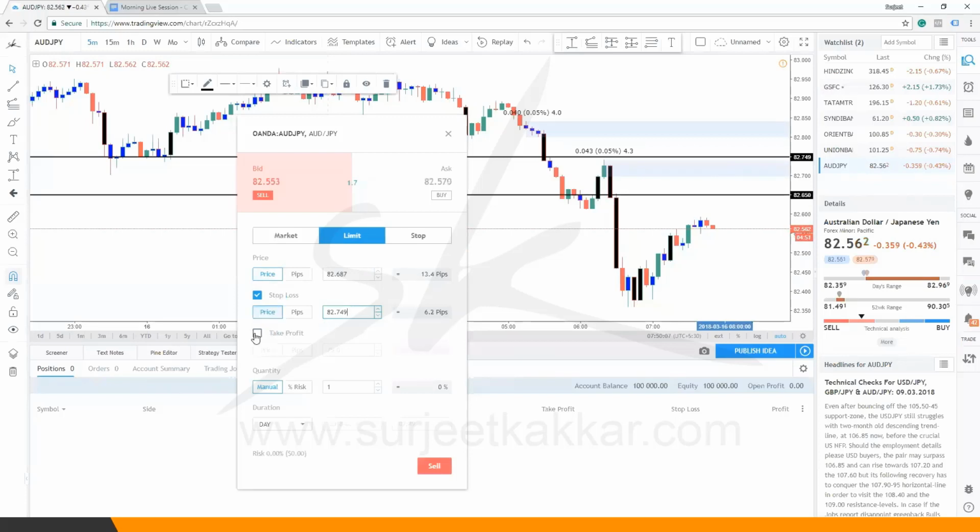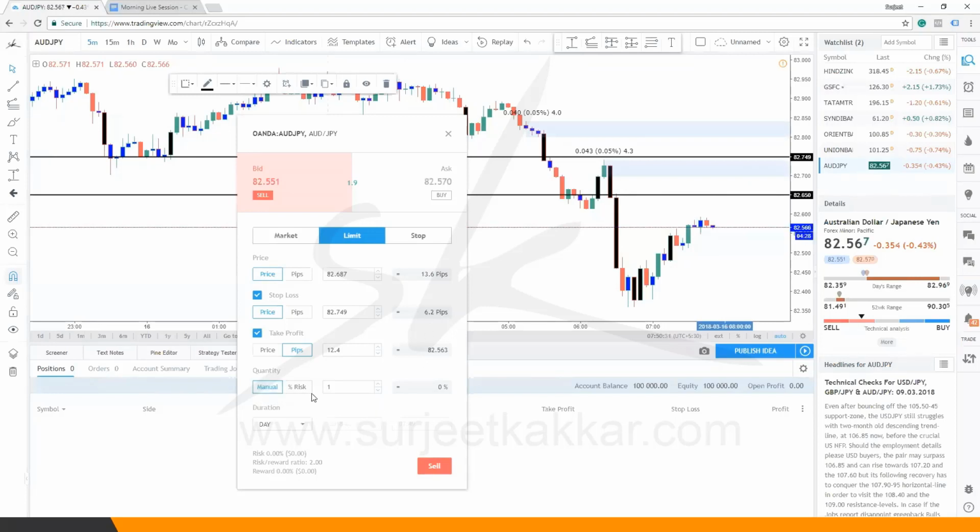And you already have that stop loss. You can also create a bracket order where you want to take your profits. So because we are taking a risk of 6.2 pips, our target one should be at least 12 pips. So what I'll do is I'll make it in pips, 12.4, right? So 12.4 pips would be the target, which basically implies 82 point this.